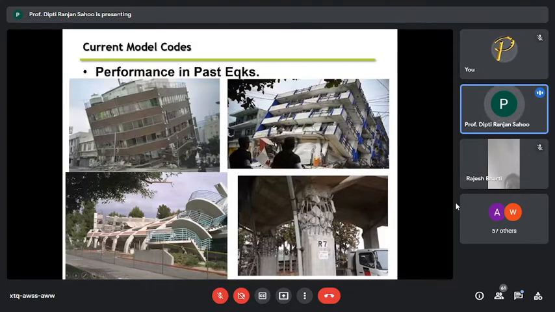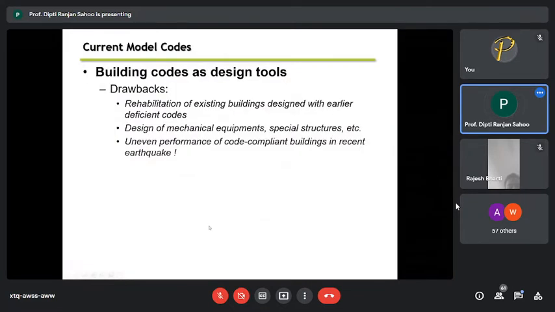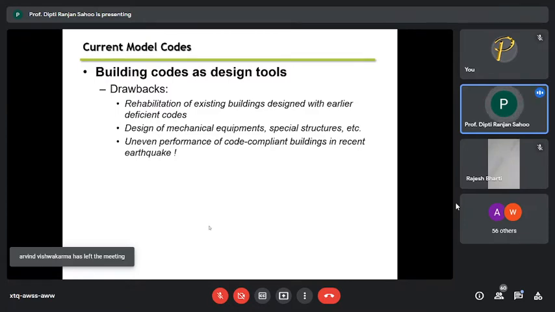But during the earthquake, you can see there is severe collapse of the structure. So what are the drawbacks? It doesn't mean that all the code provisions are wrong. Code-compliant buildings have performed well in some cases, but in many cases the performance is not good.